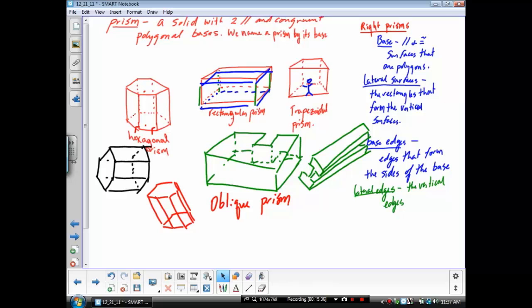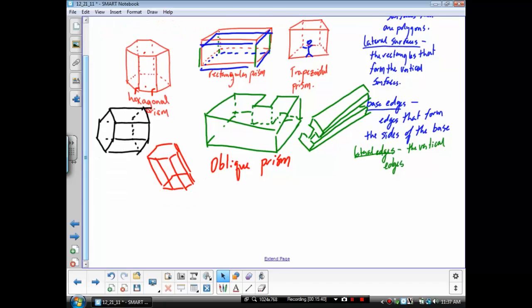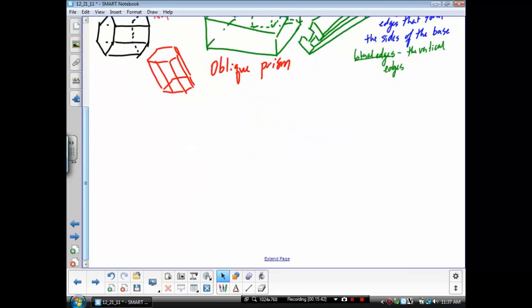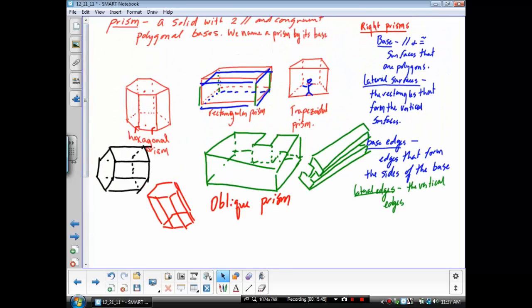So now, moving past the vocabulary to how do we find volume and surface area. You know, I didn't talk about the vertices. I forget sometimes about all the vocabulary that goes with this.